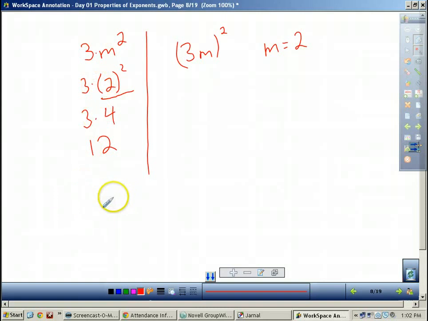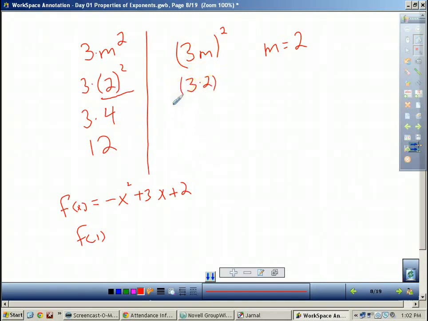When we were doing all those quadratics, and I said, well, find f of 1. You had to square it, then do the negative. So same thing here. We had to square it, then multiply by the number on the outside. Over here, it would just be 3 times 2 squared, which is 6 squared, which equals 36. Very, very different answer, with or without parentheses, right?